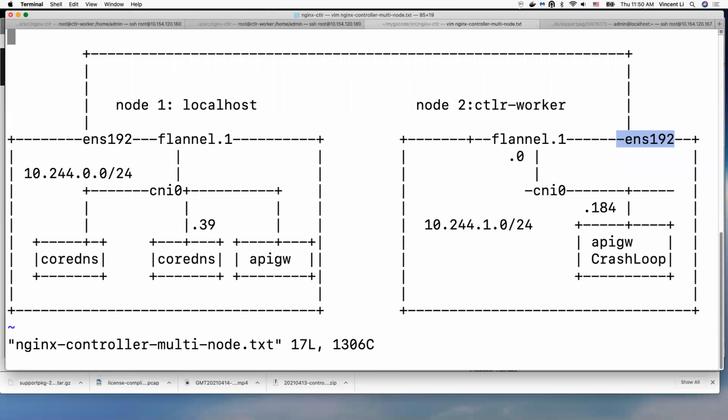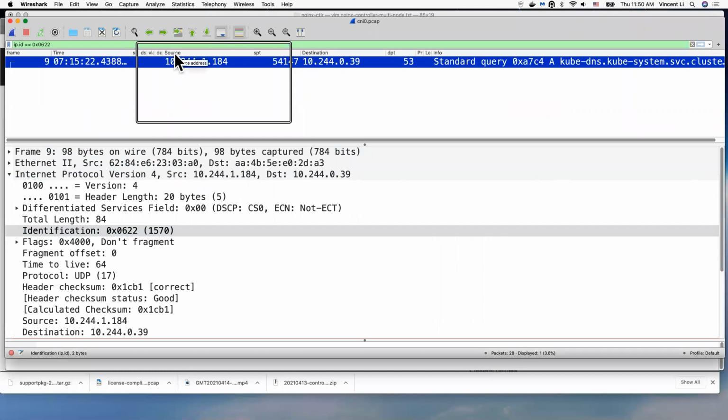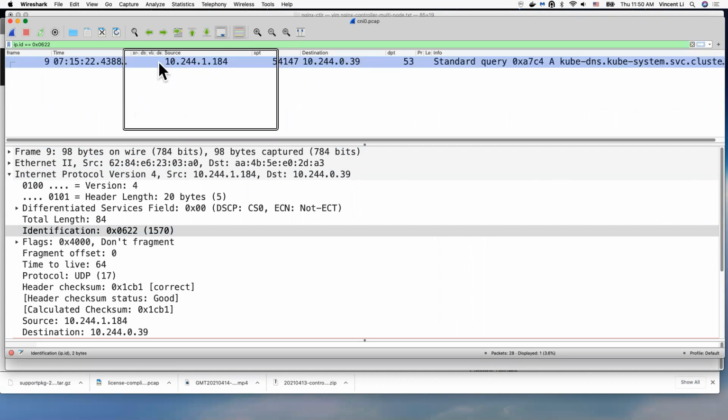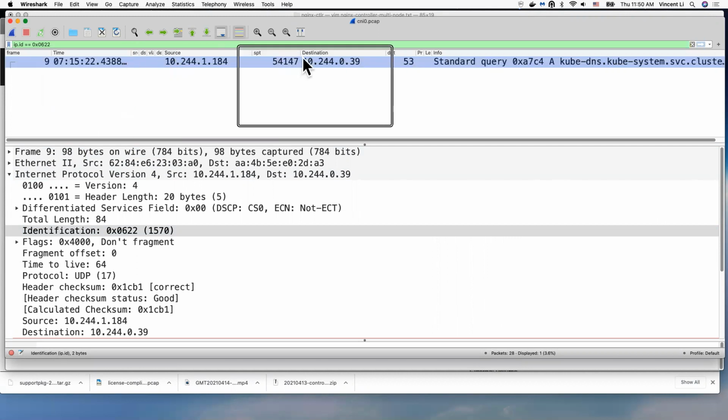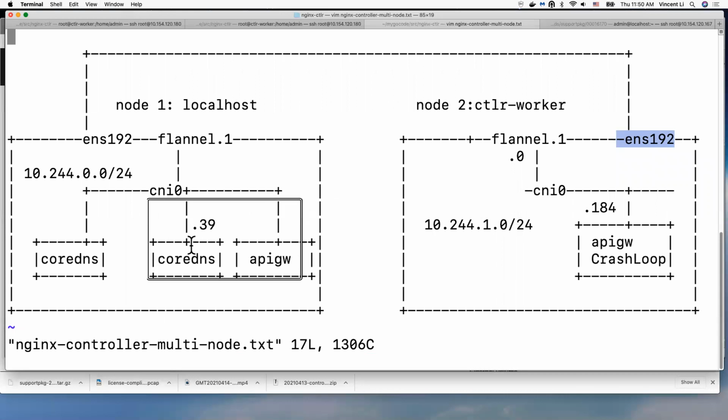Okay, so that's the API gateway pod source IP that is in CrashLoop. Okay, so this is the CoreDNS pod IP 10.244.0.39. Okay, that's this CoreDNS pod in node localhost.